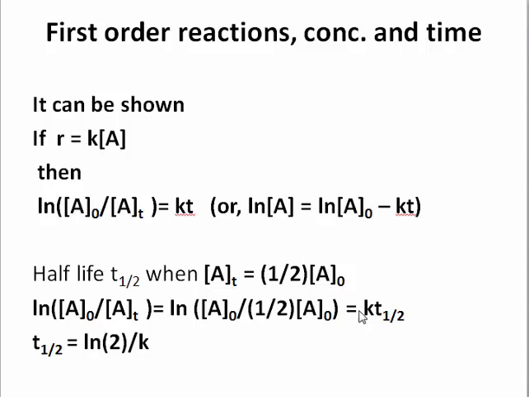You could show by canceling A0s in this expression and then dividing that the half-life time is natural log of 2 over K. In other words, in a first order reaction, the half-life is a constant number that does not depend on concentration.